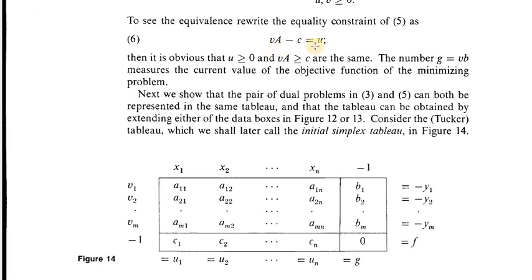And here the result is actually a row vector because you're multiplying a row vector times a matrix. And you can verify if you take this equation row by row, column by column, you will get these equations one by one. And then g is the name for v times b.